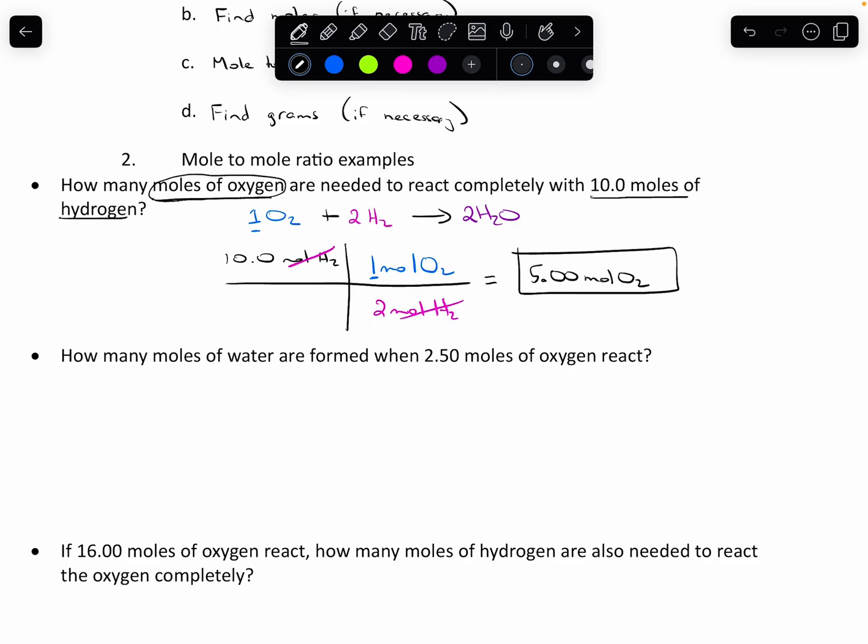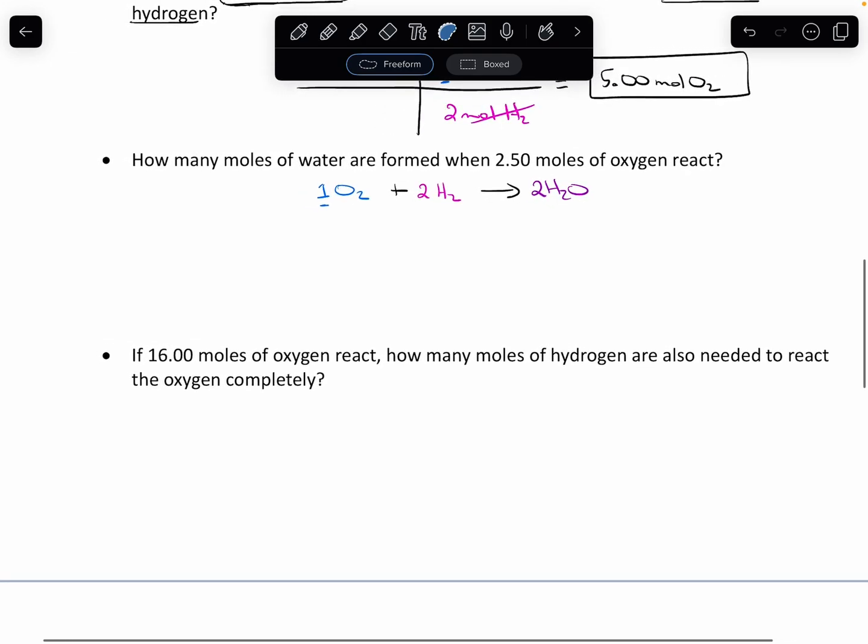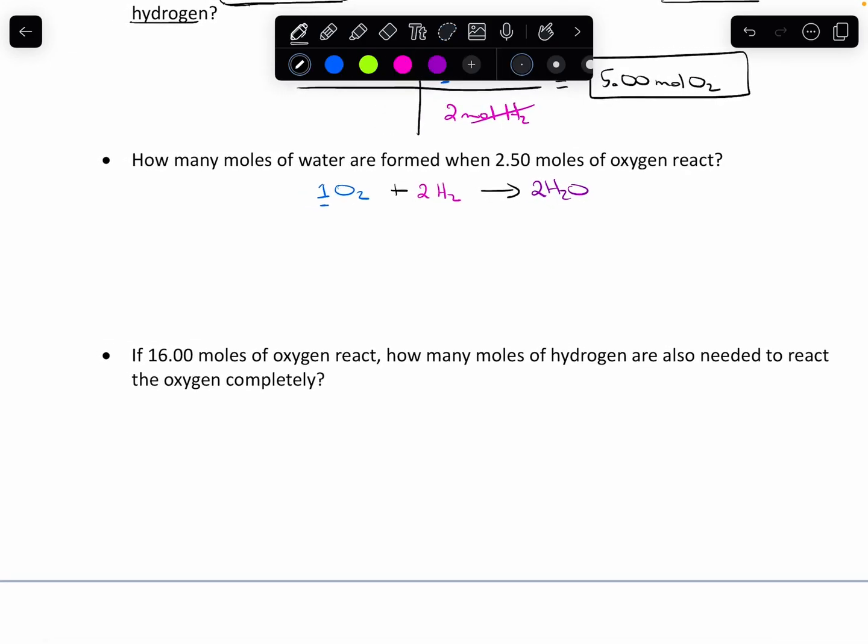We are going to continue using this reaction, so I'm going to circle it and move it right down here because this reaction is going to stay the same. And let's look at this one. So we have moles of water, and we have 2.50 moles of oxygen.